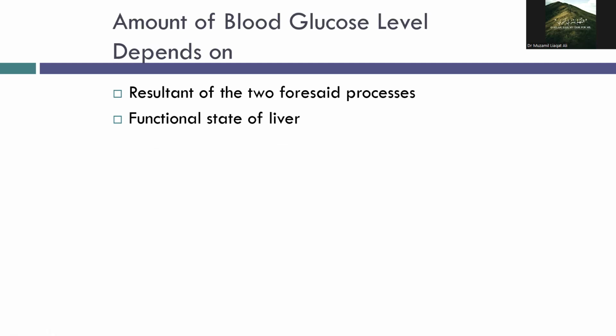Blood glucose concentration at any moment is the net result of glucose withdrawal, that is being done by glycogenesis and the utilization of glucose by the body, versus glucose release, that is being done by the glycogenolysis and gluconeogenesis processes by the liver. The functional integrity of the liver is very critical in order to carry out both these processes, either to produce energy or to release energy that is being stored in the liver, right?